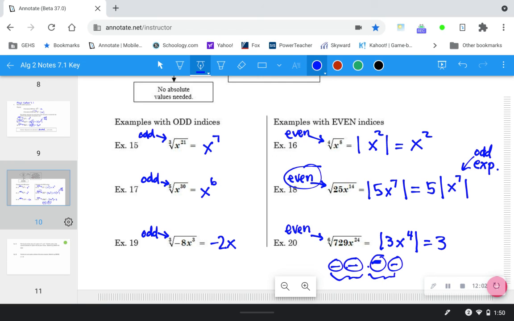So you'd get a positive answer even if you used a negative value for x. As a consequence, we don't need the bars around that part. It's guaranteed to be positive anyway. So it's only when it's an even index and an odd exponent out the back that you need that part of the expression inside the absolute value bars. And there's another video for page 4.